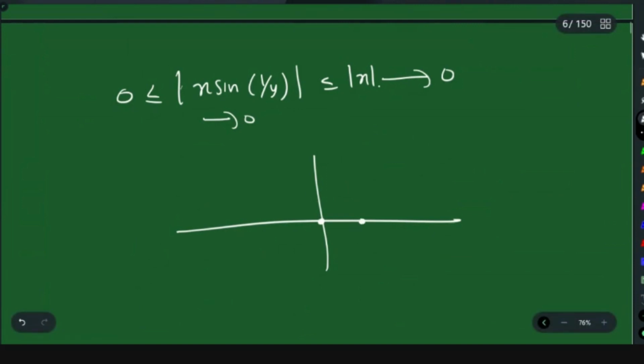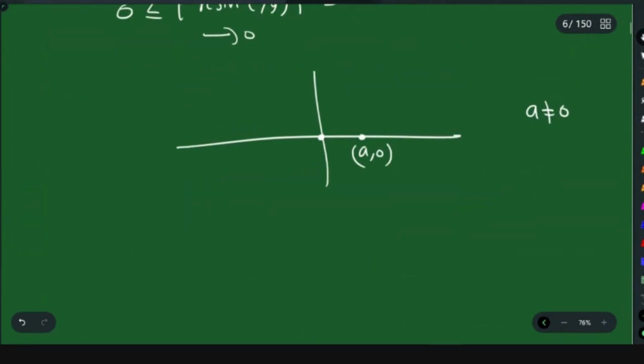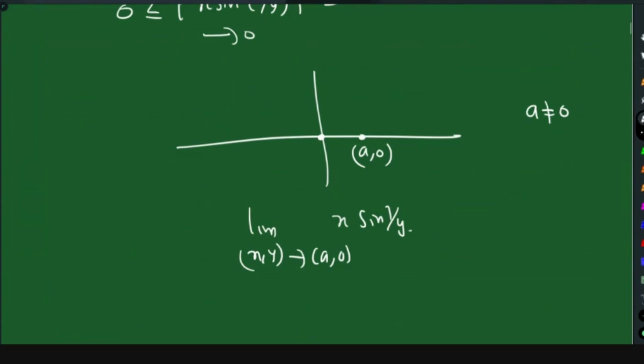Now you take some point here, (a, 0), where a is not equal to 0. My question is whether the limit exists or not. You look at the limit as (x, y) tends to (a, 0) of x sine 1 by y.